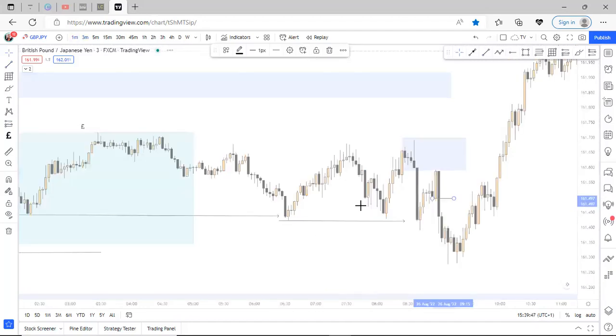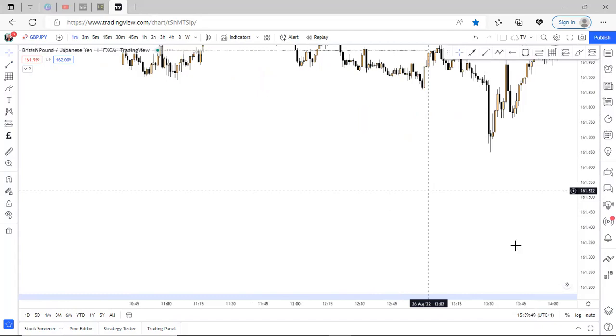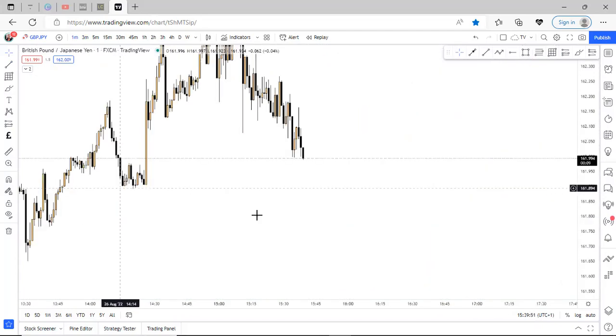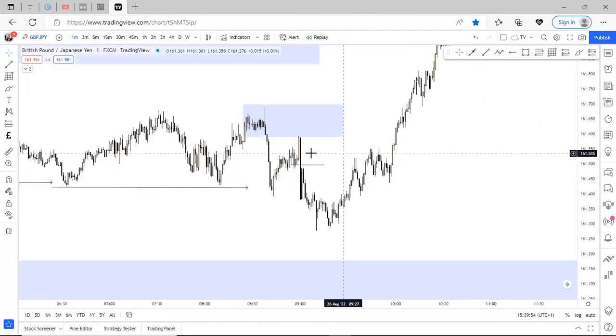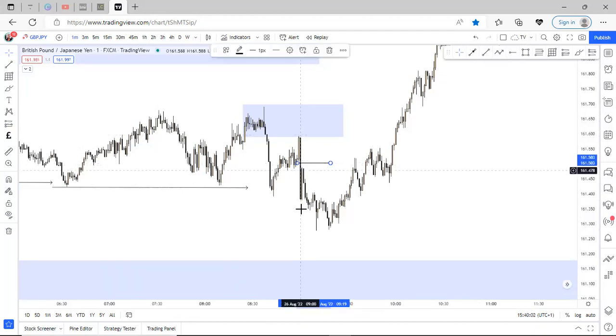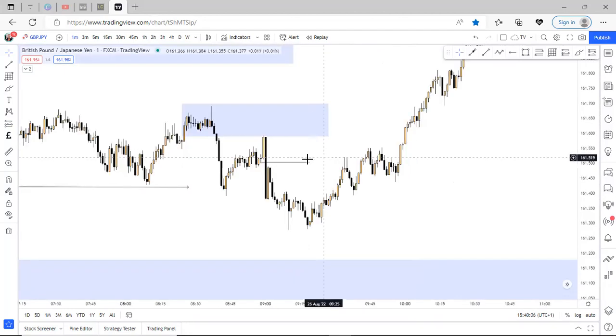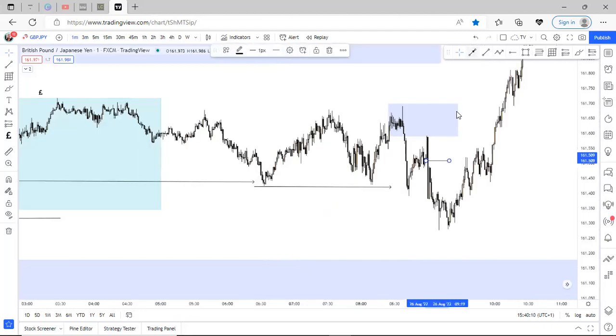I don't know if anybody watching this video was on GJ chat this morning during the London session, to be able to understand what I was saying, that there was this spike down that was really fast. So I got a position in at this point and I was in profit.